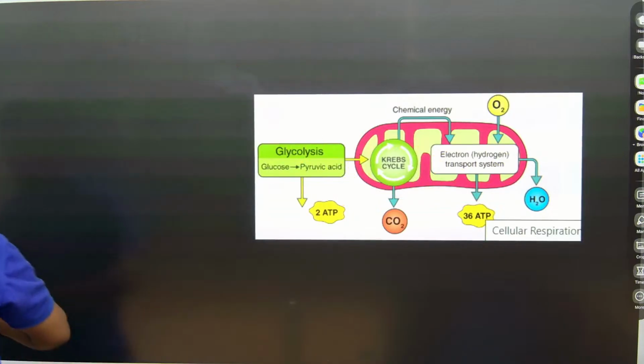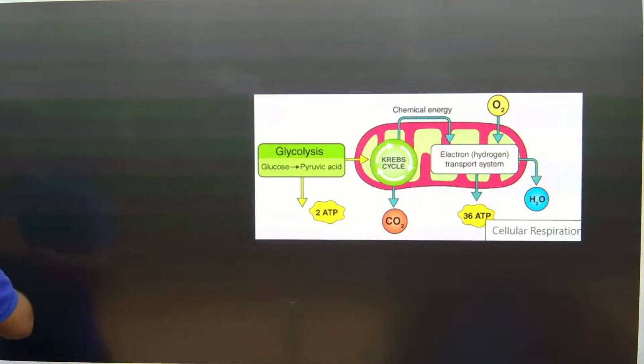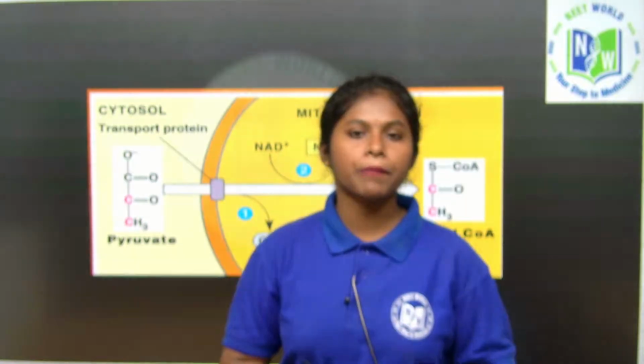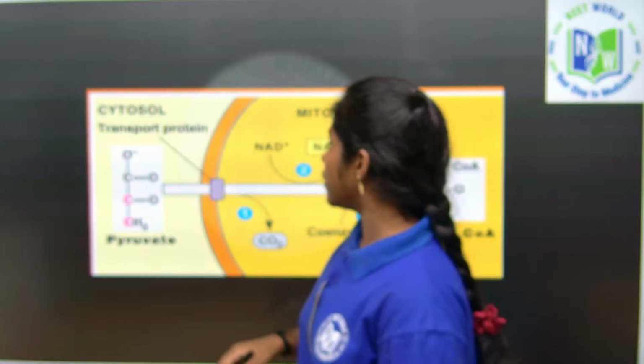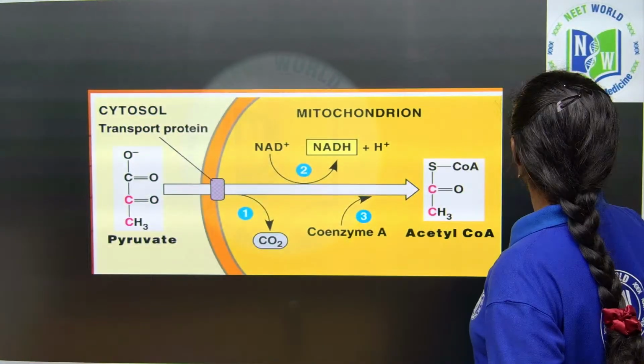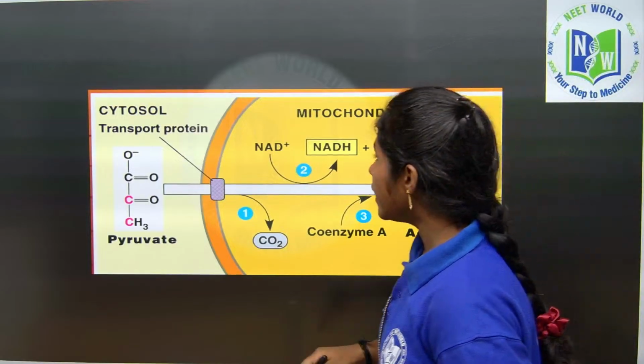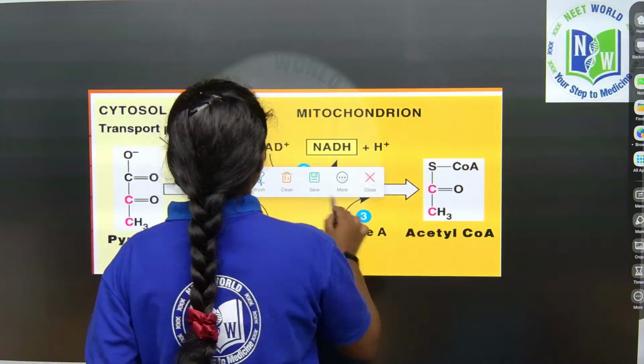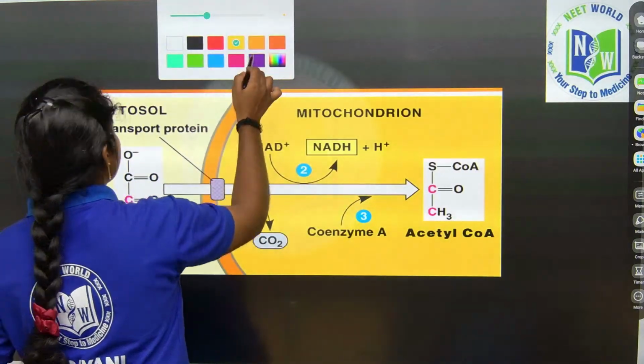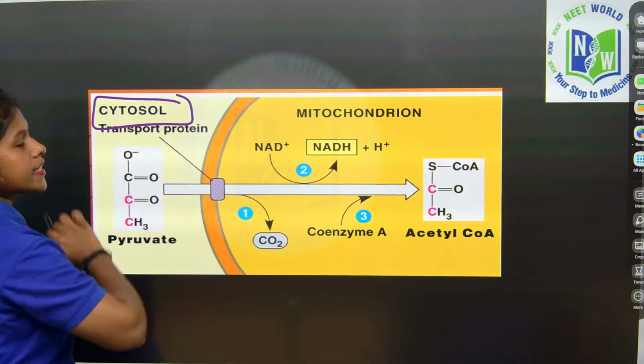So now what is happening for the pyruvic acid? Let's see this. Pyruvic acid is a 3 carbon compound. How many carbon compound is pyruvic acid? 3 carbon compound. How many 3 carbon compounds are produced at the end of the glycolysis? 2, right? See, this is the cytoplasm region.